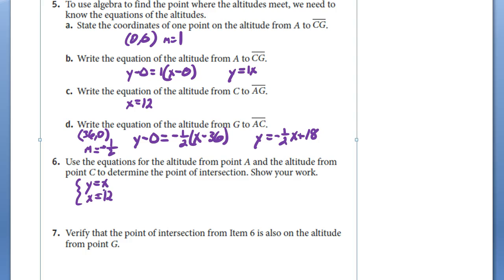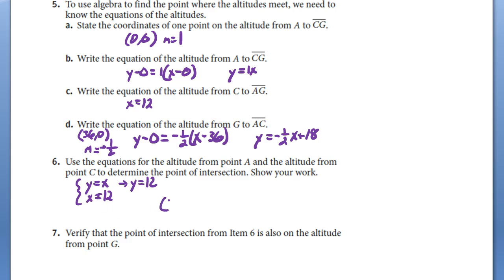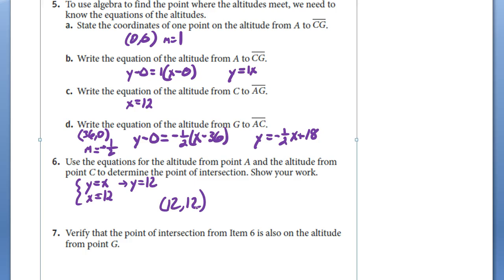We can solve a system of equations to find their point of intersection by using substitution method or combination method. I'm going to choose substitution method. Because I know x is 12, then in this equation we can replace x with 12 and we get y equals 12. Notice how we know that x is 12, and y is 12. (12, 12) is what we thought the point of intersection was.